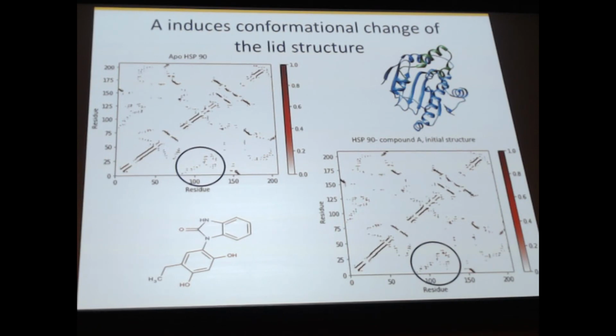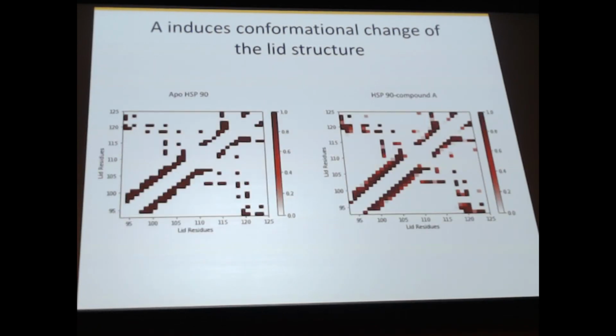If we zoom in on this pattern, we can see that during the simulation, the lid structure of HSP90 has more residue-residue contacts than the APO structure of HSP90. So this is the signature of a closed conformation of HSP90, and this lid structure is very flexible and active during our simulations.